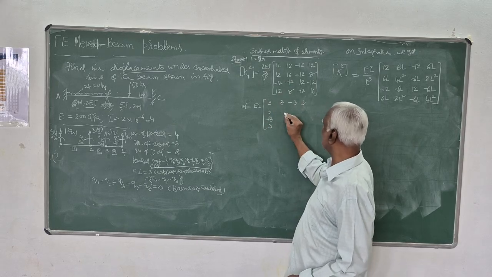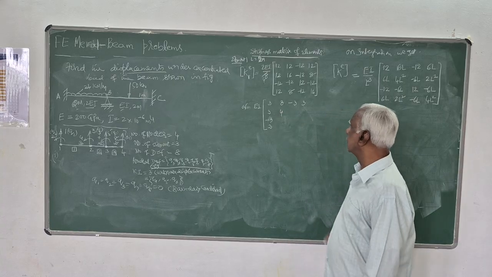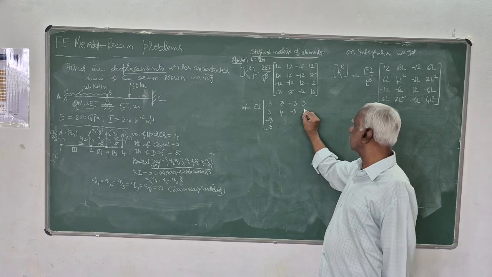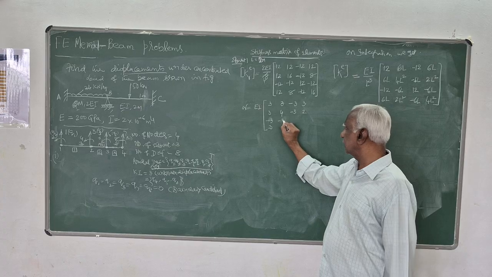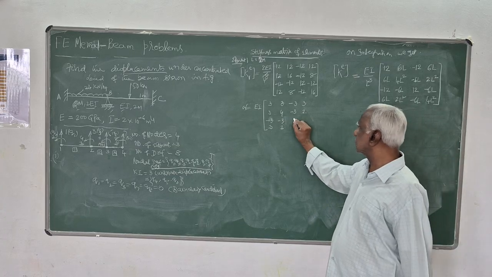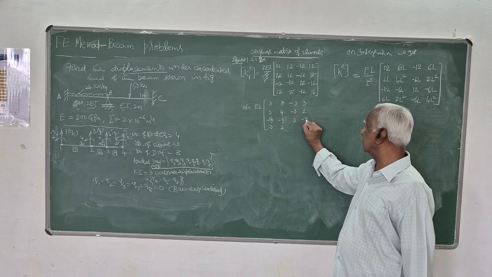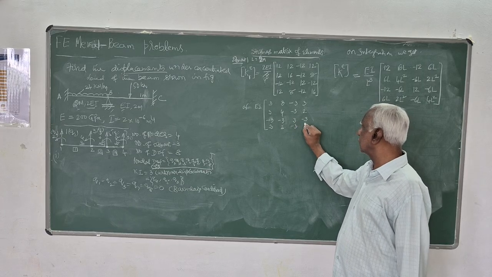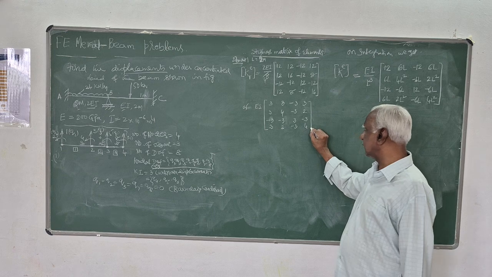Then 16 by 4, it is 4. Then minus 3, this is 2, minus 3, 2. Then this will be 3, minus 3, minus 3, 4. So this is the simplified one.